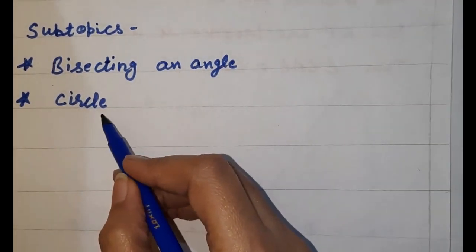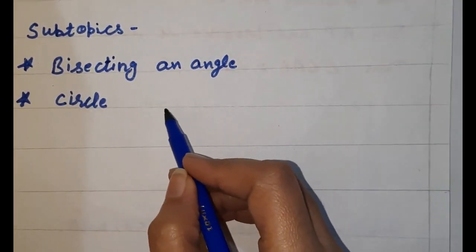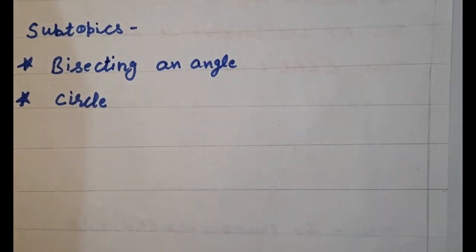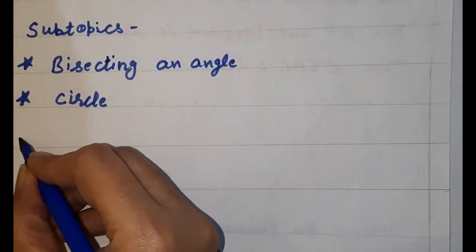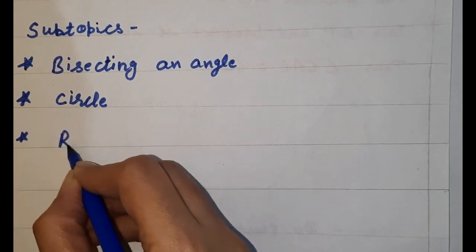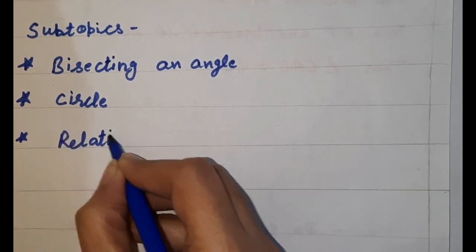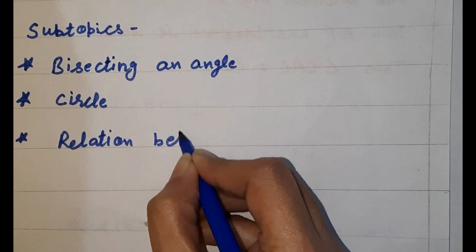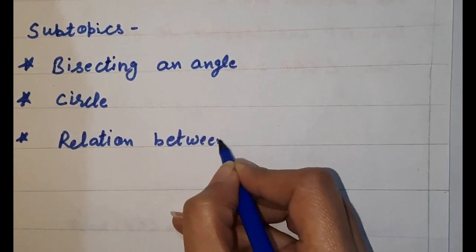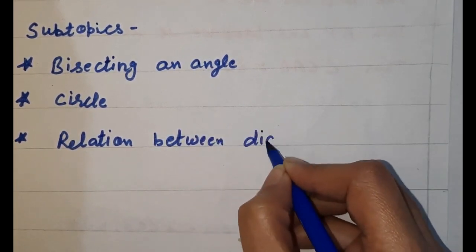Circle is a vast topic. In this topic, we will study the terms related to the circle, and the relation between diameter and radius.